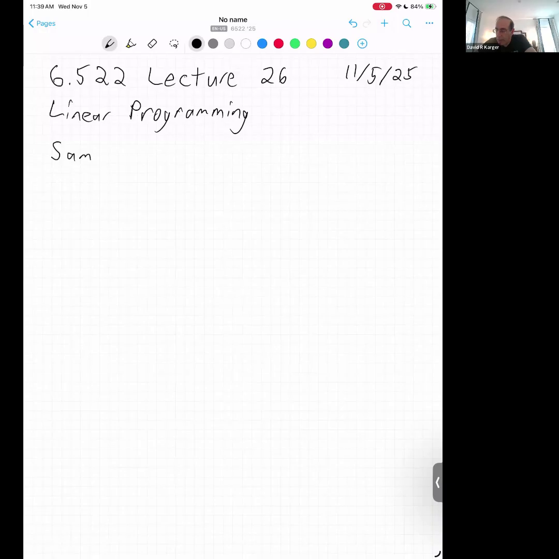I described this SampLP algorithm, which is based on sampling d root n hyperplanes and recursing, and then adding some violating hyperplanes to your active set if it's not too many.